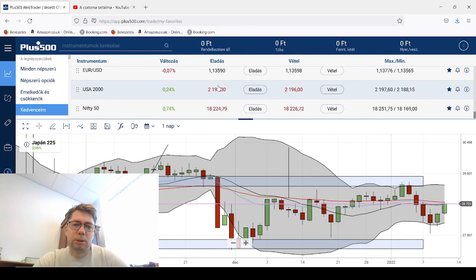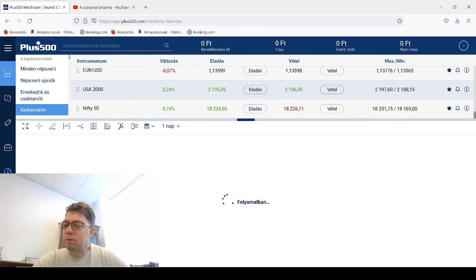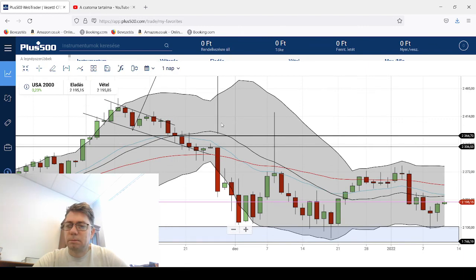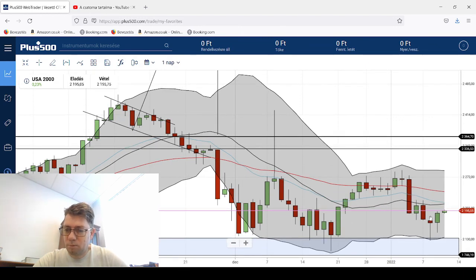All right, let's go over to Russell. That's the daily chart on Russell. We've got a low and a higher low. We need a higher high in order for us to say that we have turned bullish.